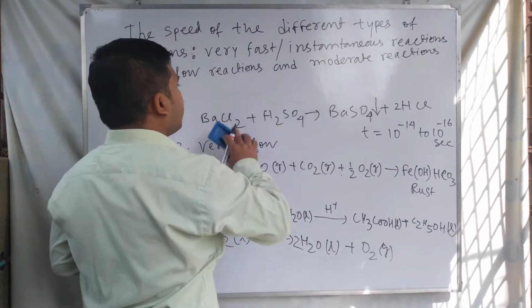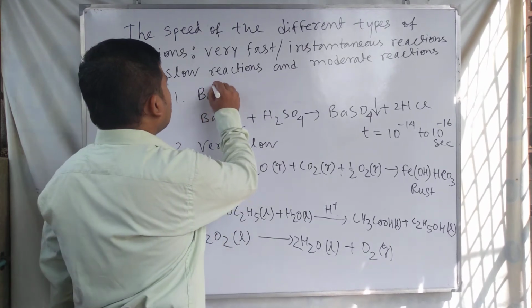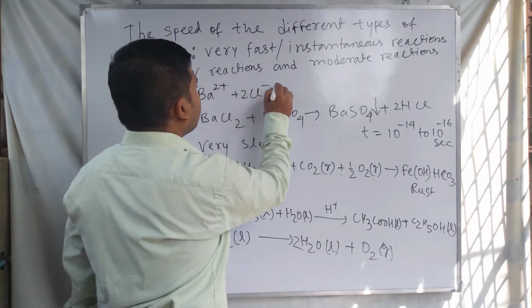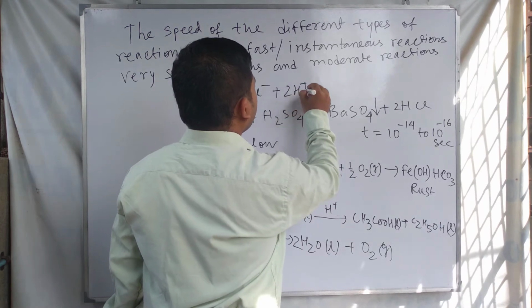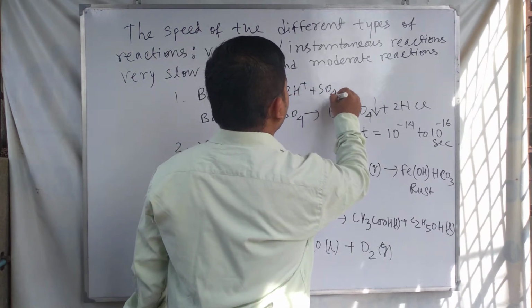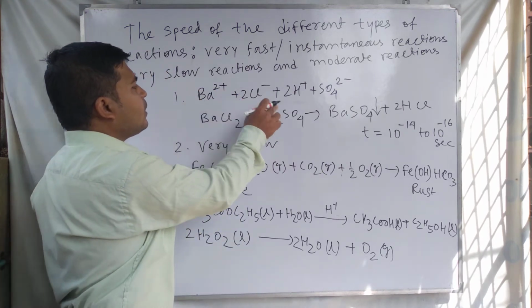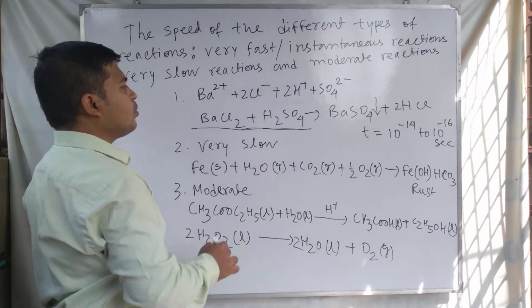This is an ionic reaction. Here, barium chloride gives Ba 2+ and Cl minus, and H2SO4 gives H plus and SO4 2 minus. So these ions are present on the reactant side, the barium chloride and H2SO4 side.